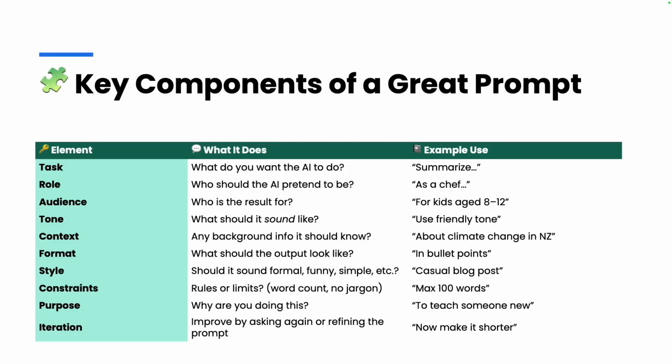Let's look at some of the key components needed for a great prompt. I'm not going to go through this in detail because we have quite a lot of examples in this part. We are going through 20 examples incorporating all of these elements like task, role, audience, tone, context, format, styles, constraint, purposes, iteration.